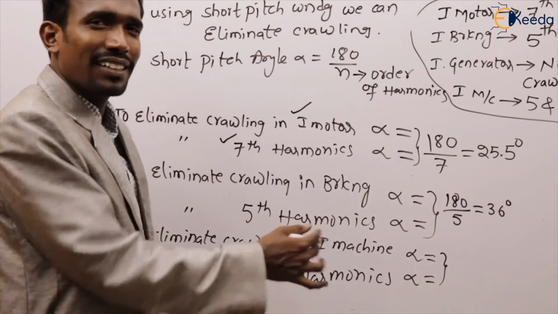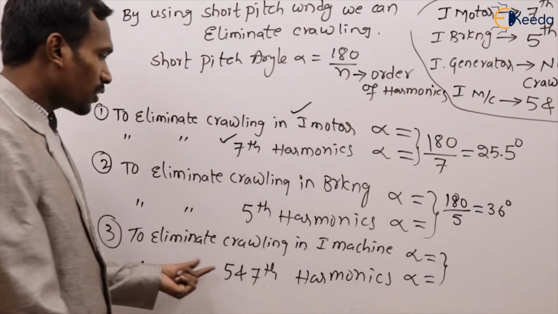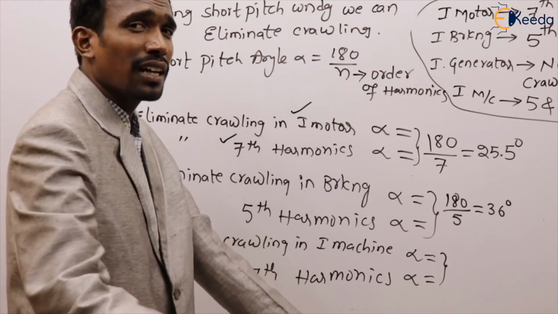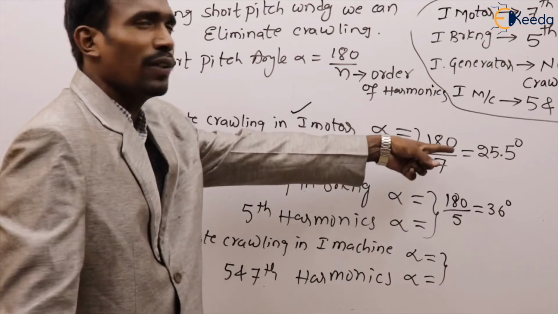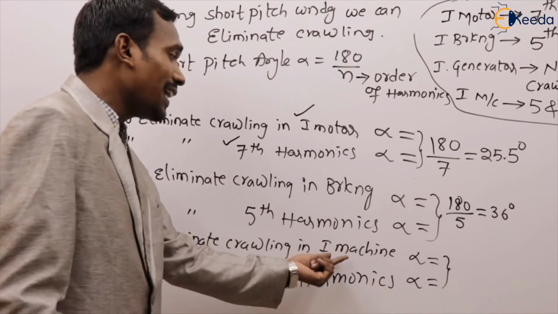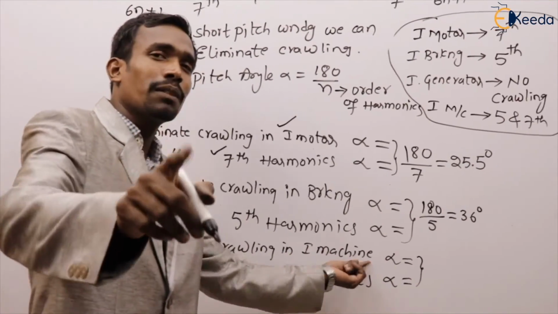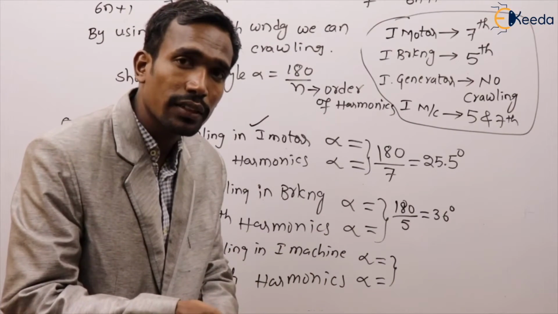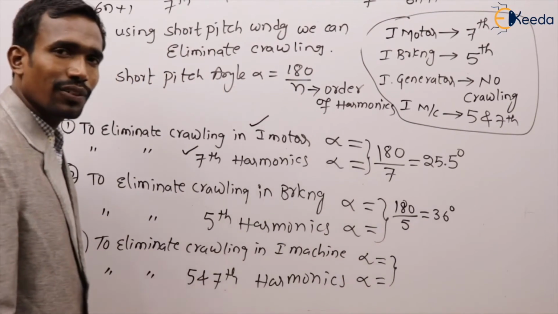Very important, very tricky question. They won't ask you about the induction motor. If they ask about the induction motor, 25.5. If they ask about the induction braking mode, 36. But they asked about the induction machine. Machine is nothing but motor, generator and braking.